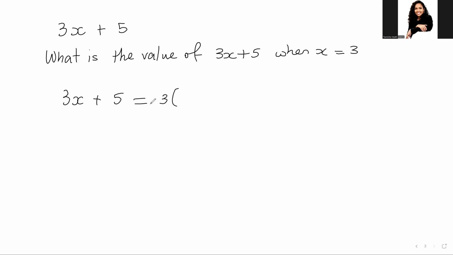Notice I use my brackets. So 3 brackets 3, which means 3 times 3 plus 5. And that would give me 3 times 3 is 9, and 9 plus 5 is 14. So the value of 3x plus 5 when x is 3 will be 14. Because if x is 3, that means it will be 3 times 3 plus 5. Okay? So those are just some things I want you to call to mind.